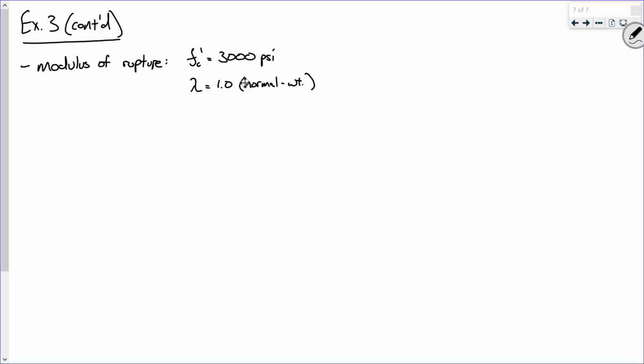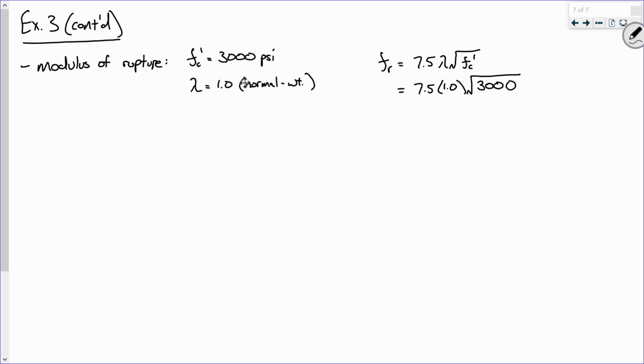So how do we compute the modulus of rupture? You tell me. There we go, 7.5 times lambda times the square root of f'c. So tell me what to plug in. 7.5 times 1 times the square root of what? 3,000.